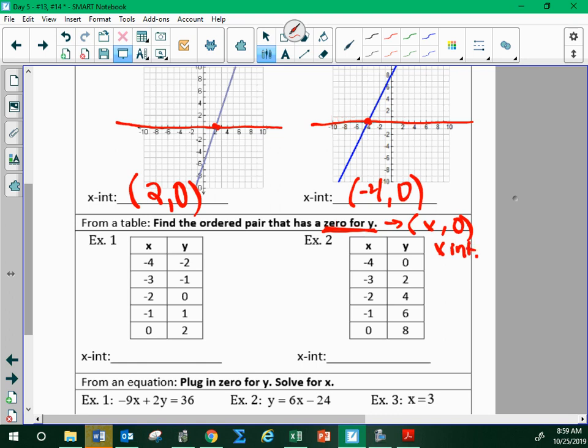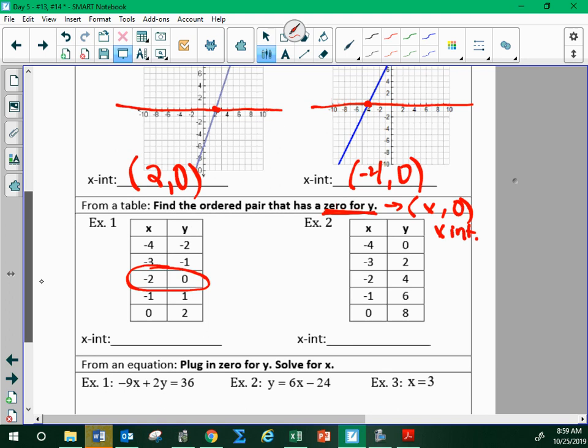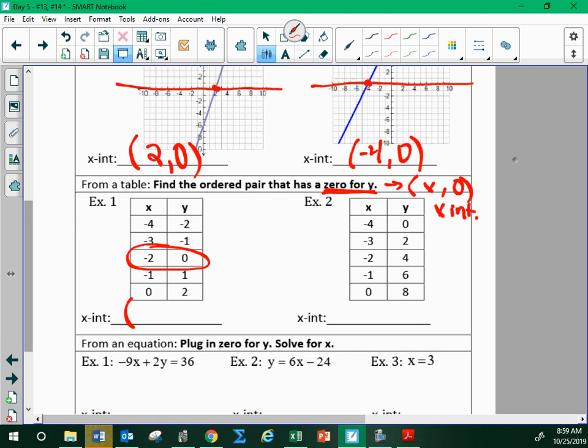They told you already how to do it: look for where y is 0. They might just ask you to find the x-intercept. All we have to do is look for where y is 0. Look at my table. There's my x-intercept, the point (-2, 0).